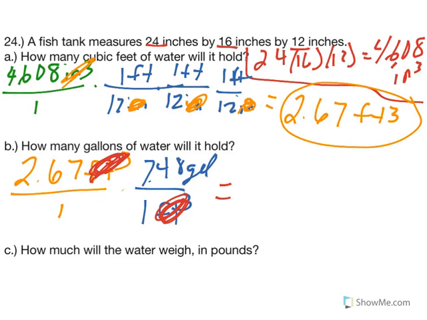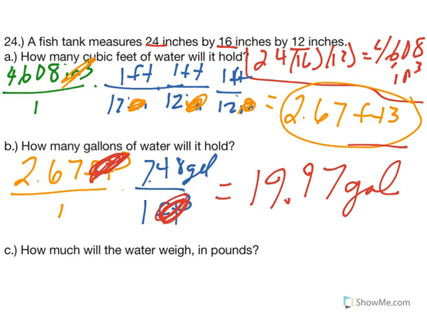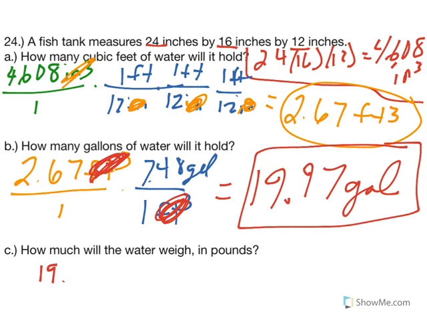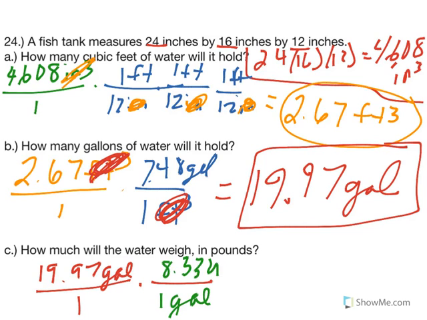And when you multiply those, you get 19.97 gallons for part B. Well, part C, how much will it weigh? Well, funny enough, if I know how many gallons I have, which is gosh darn close to 20, don't you know? I know that 1 gallon is 8.33 pounds. Whoop, whoop. Gallons go away.